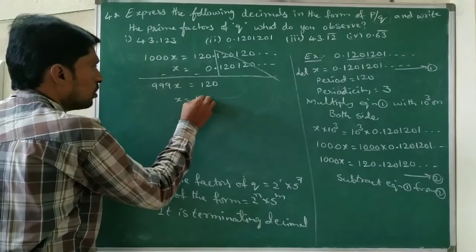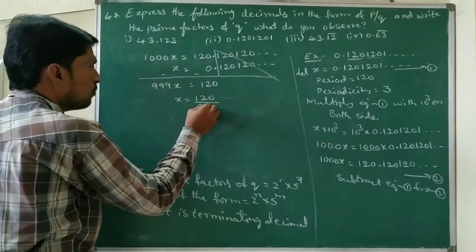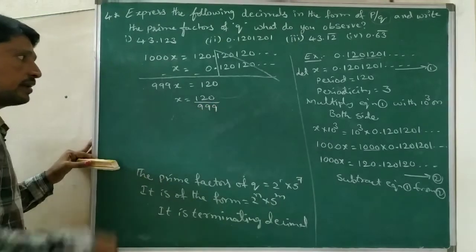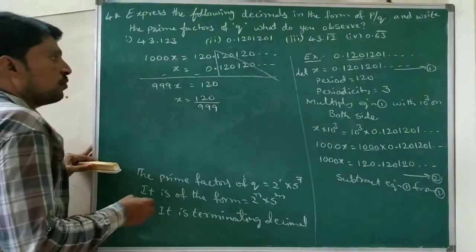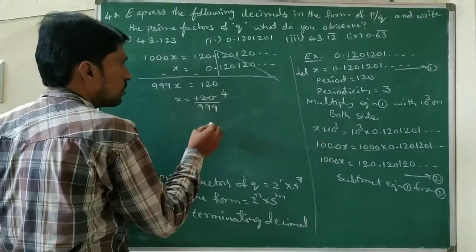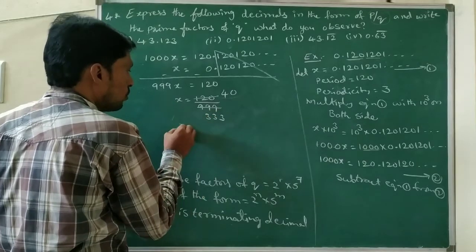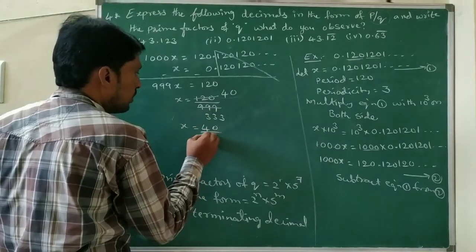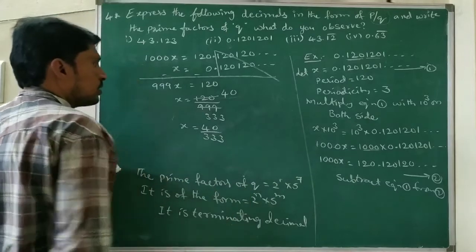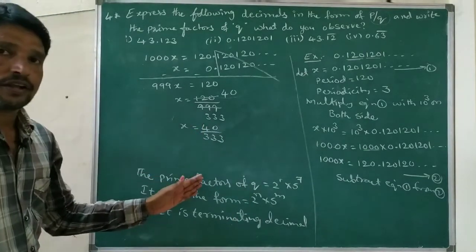So x equals 120 by 999. Now we can cancel: 3 fours are 12, 3 threes are 9. So x equals 40 by 333.